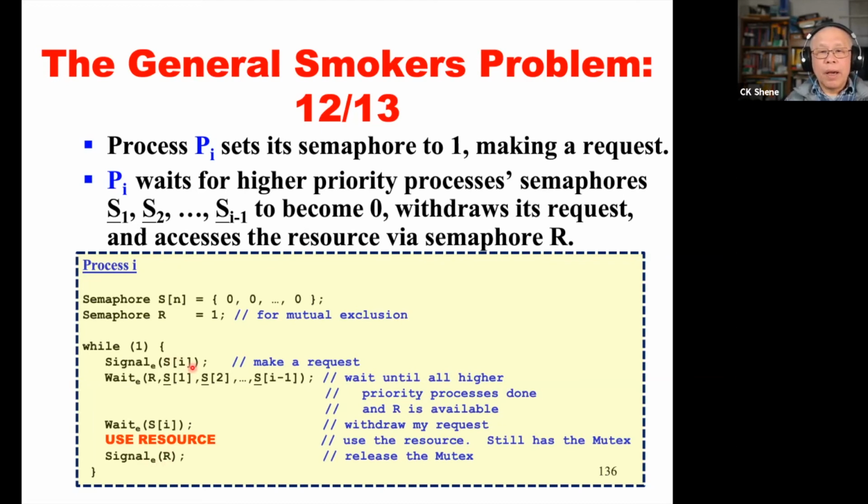Then Pi waits for the counter of R, the mutual exclusion mutex, to become greater than 0, and all counters of the processes whose priorities are higher than Pi to become 0. A counter becoming 0 means that process has already withdrawn its request. Then process I continues, withdraws its request, uses the resource, releases the resource.